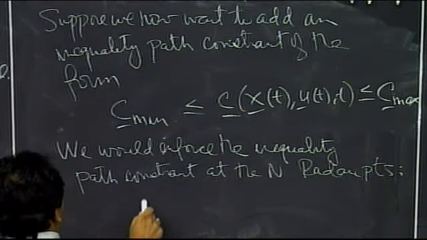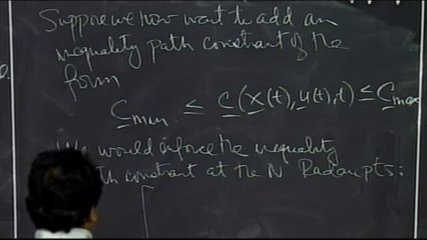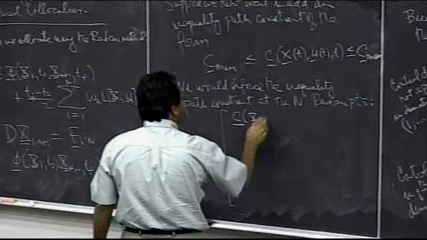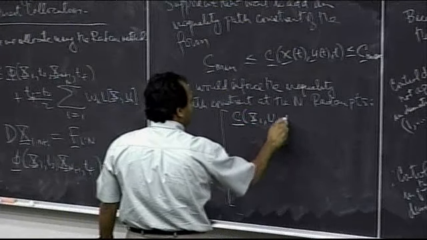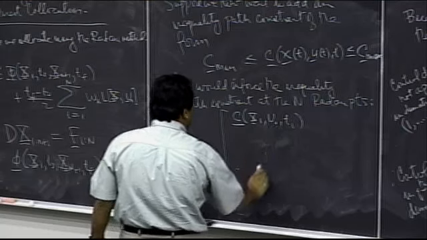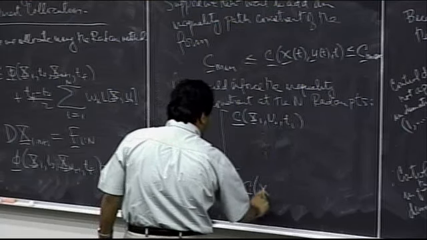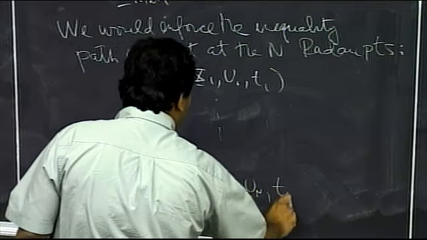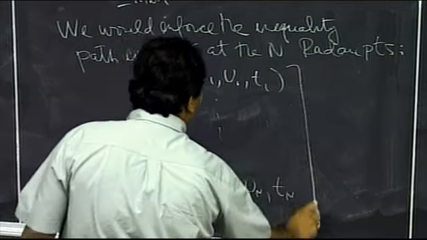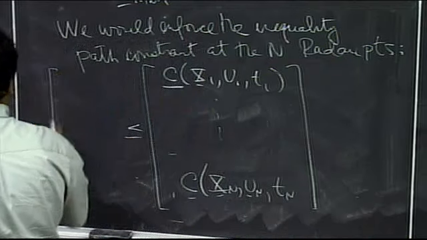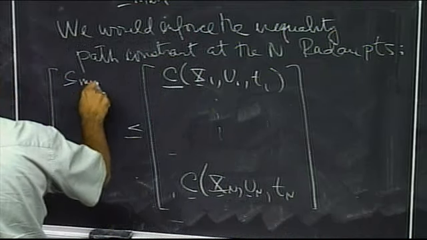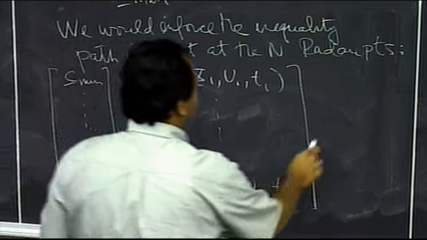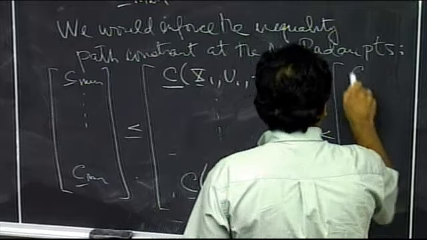It would say that, if I string it out, it would be C of x1, u1, and t1. I have to be careful with that t1. All the way down to C of xn, un, tn. All of these have to lie between C min and C max.